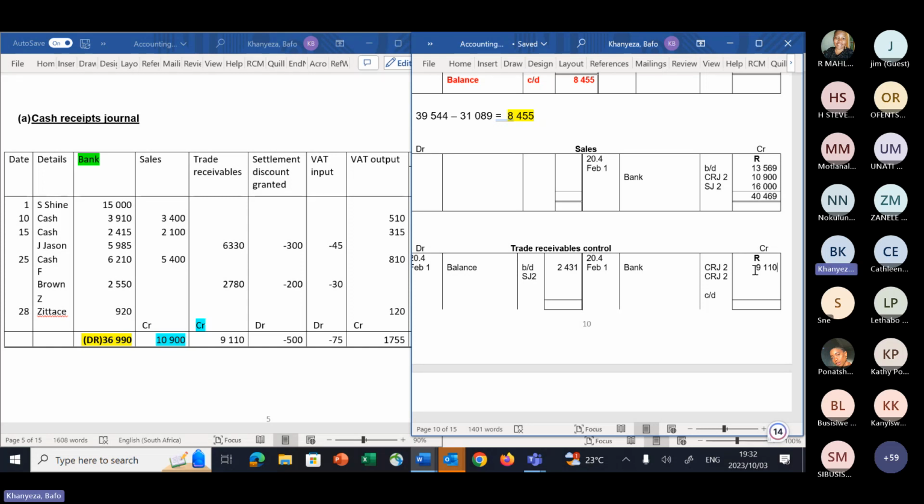While we are still on that, let's see. Just want to see if this is the correct exercise that I'm working from. So we granted a settlement discount, but before we deal with the settlement discount, I have to first verify.